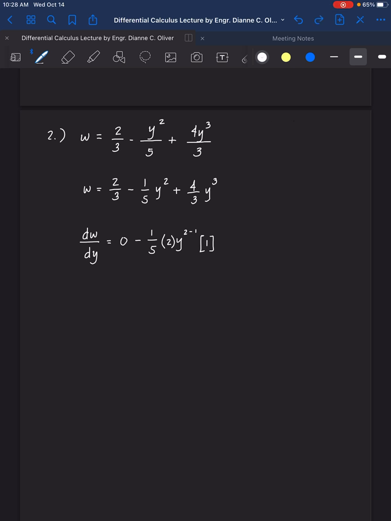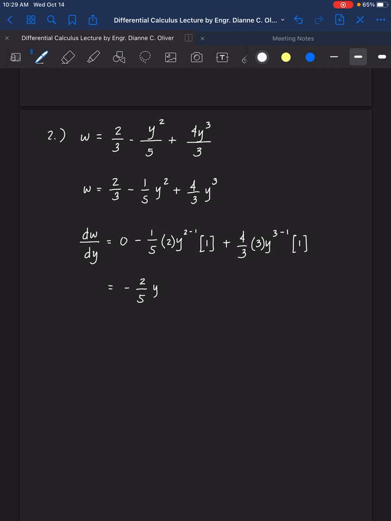Okay, so we have there plus 4/3, copy the base y, bring down the exponent 3, minus 1 the exponent, derivative of the base dy over dy, that is 1. Then we have there negative 2/5 y raised to 1.